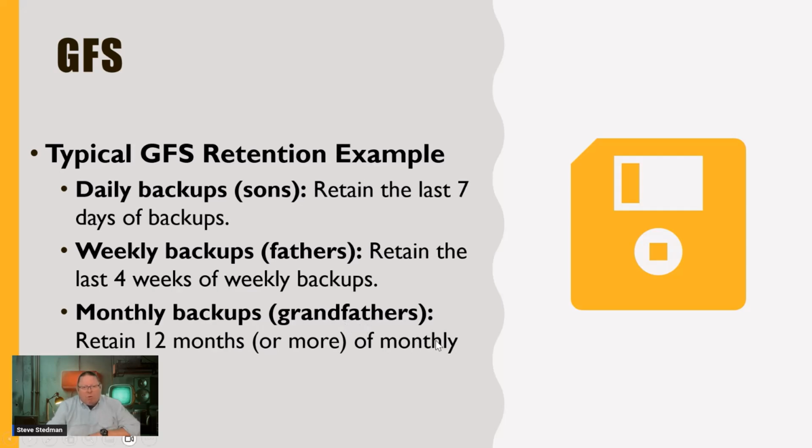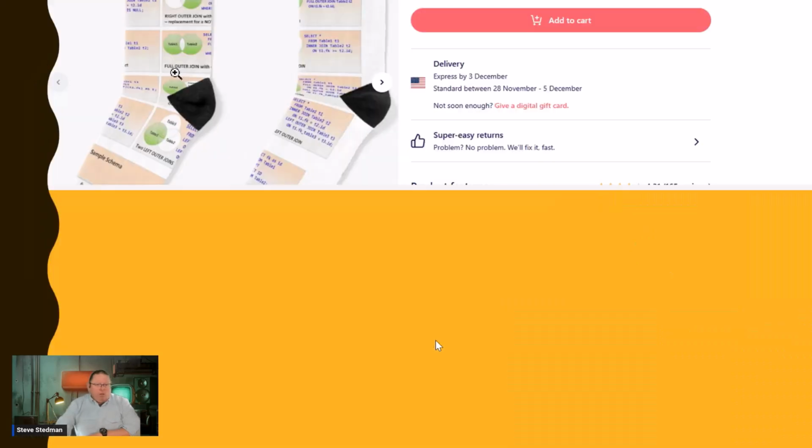And it's a really useful way to manage longer term backup retention without chewing up as much disk space as you might think. So the grandfather-father-son backup retention method is a great way to extend your backup coverage without having to use as much disk space.